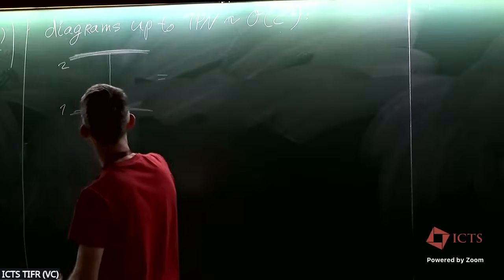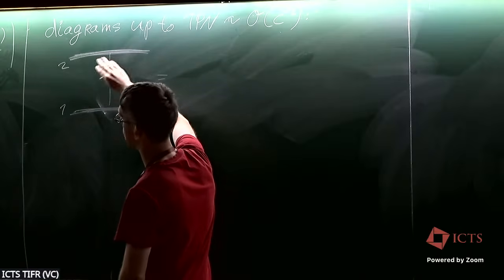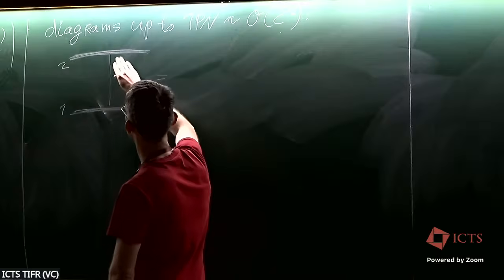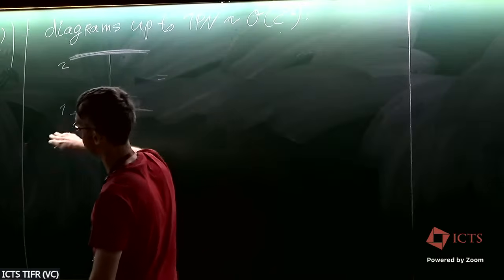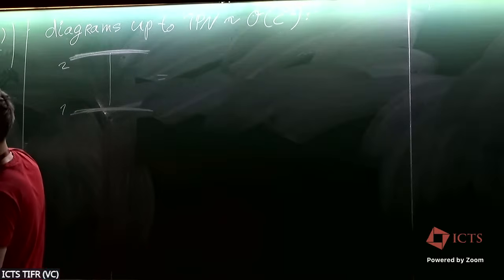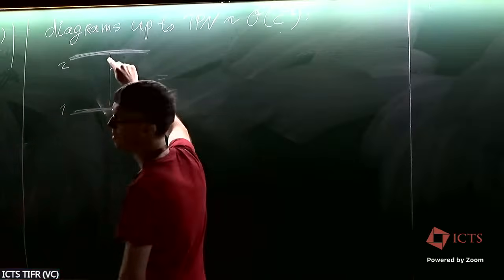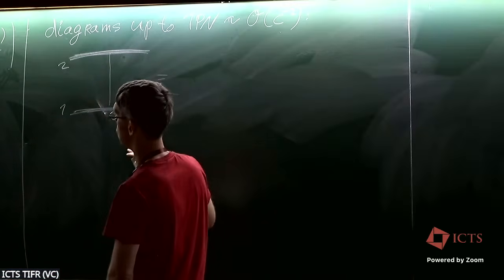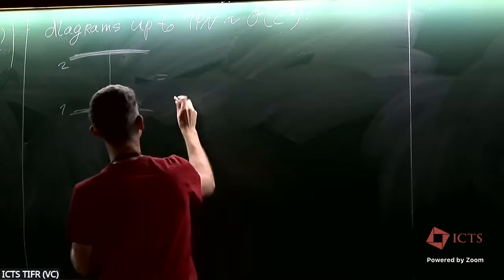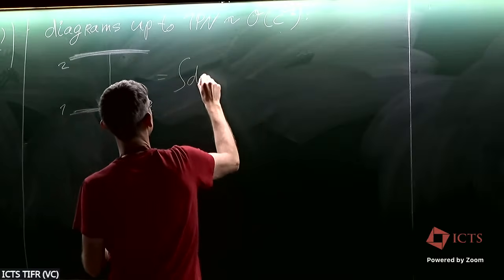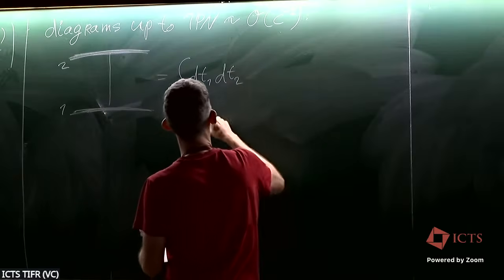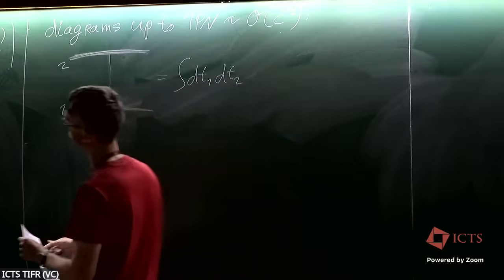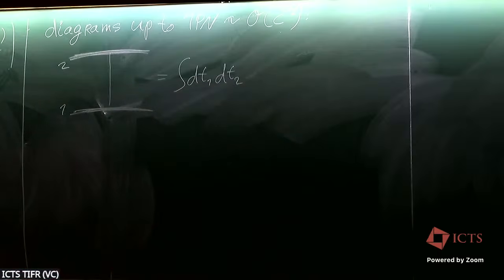Now, what we have to do is take the rules that are there, one for each vertex. And the first thing we do is contract the fields appearing in the vertices according to how we draw the lines, roughly speaking. So let me just start. We have 2 integrals over time because we have 2 copies of this vertex here.